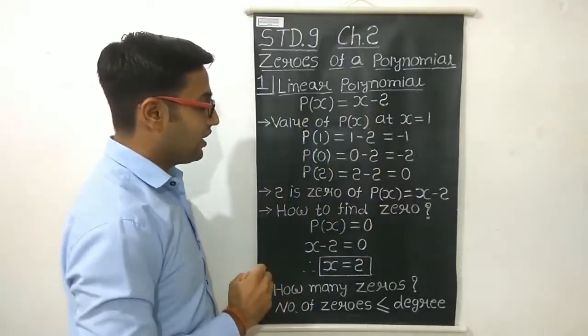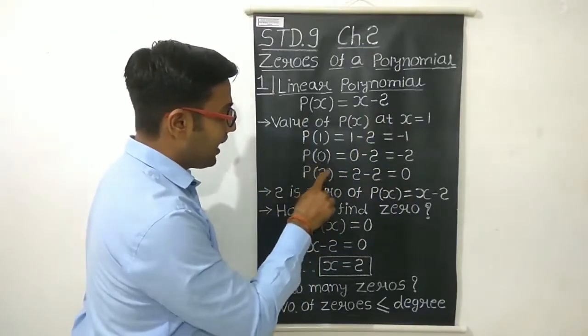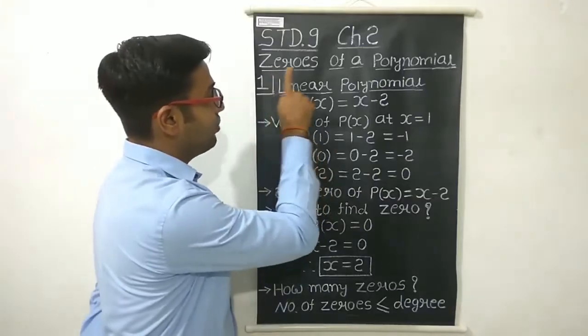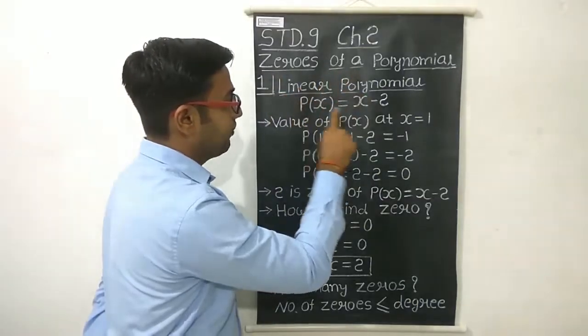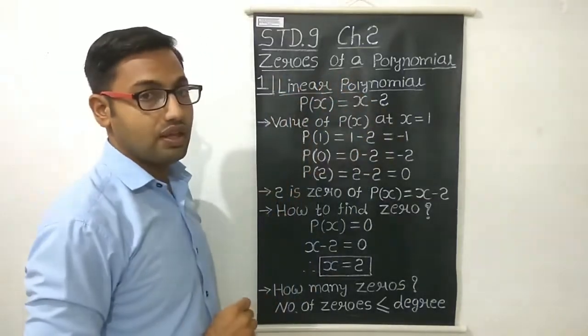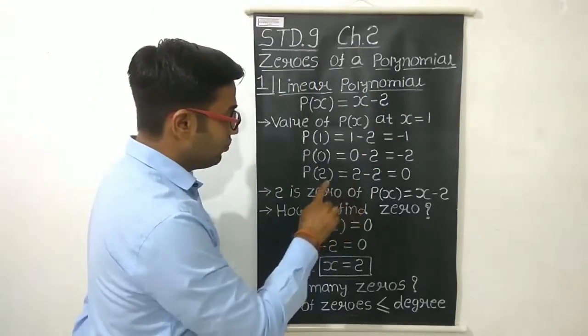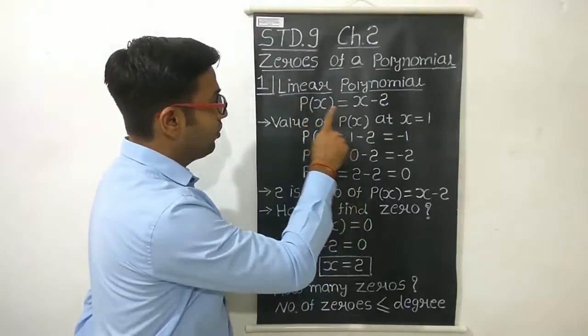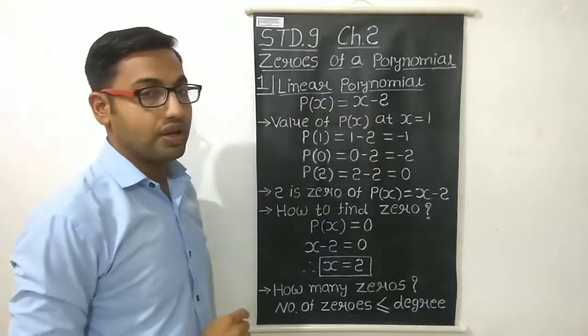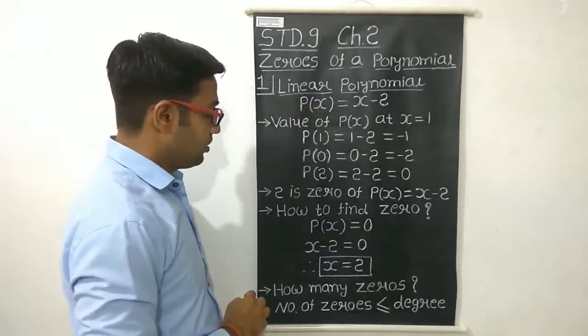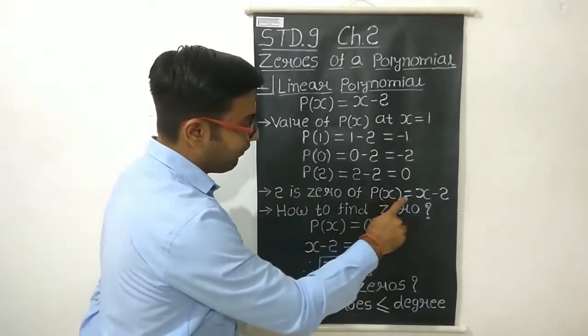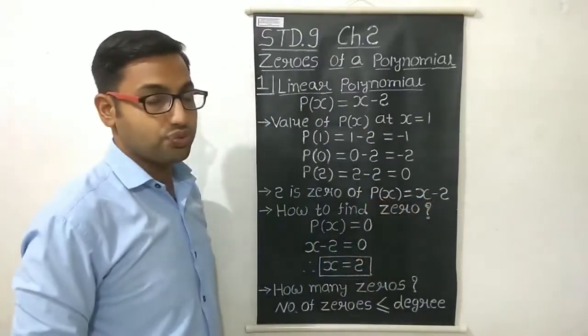And that is why this value of x is called the zero of the given polynomial. Right? So this 2 is the zero of this polynomial. Right? 2 is the zero of p of x is equal to x minus 2.